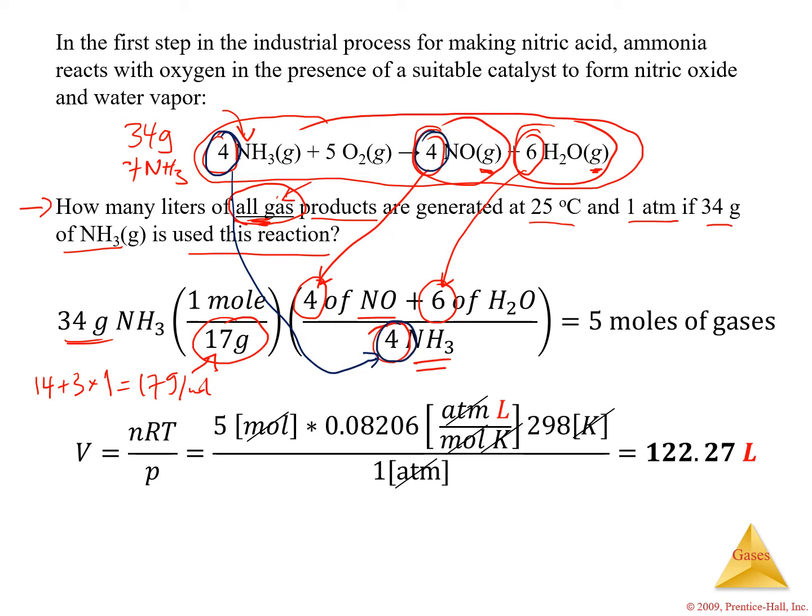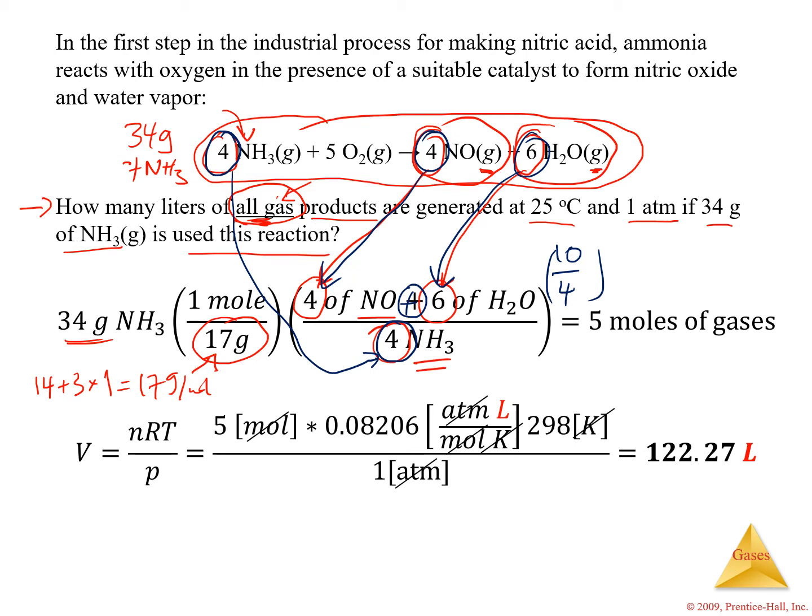And this 4 and 6 gives me this and that, and I have to add these two numbers together. So effectively I have 10 over 4 when it comes to the mole ratios of all gases to mole ratios of ammonia on the reactant side.